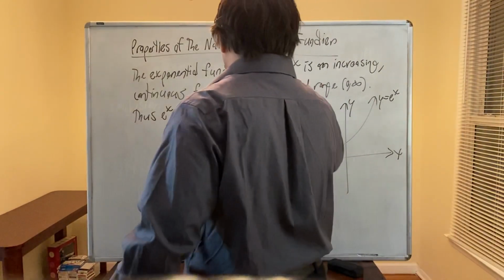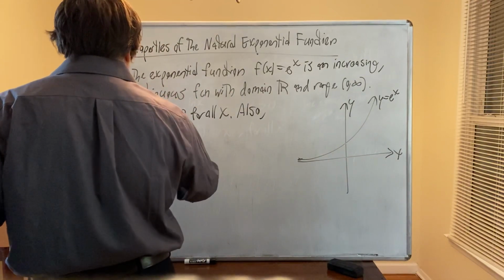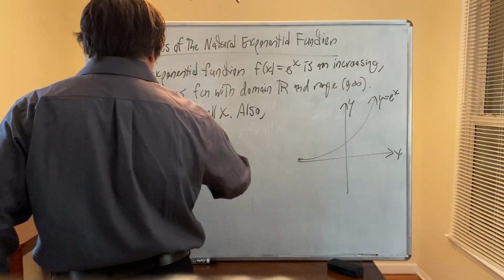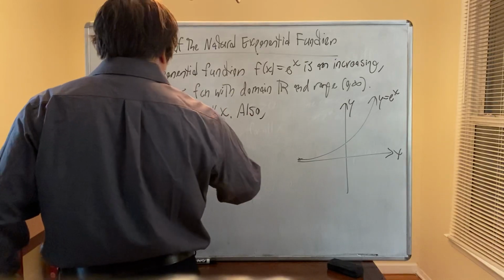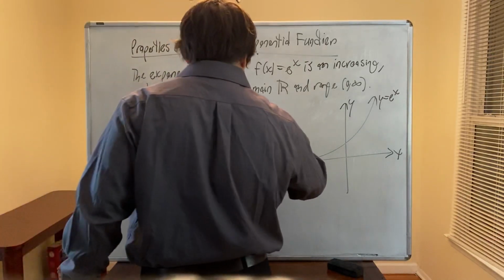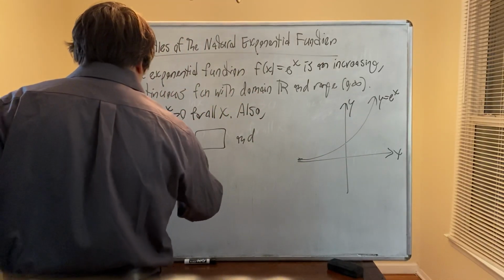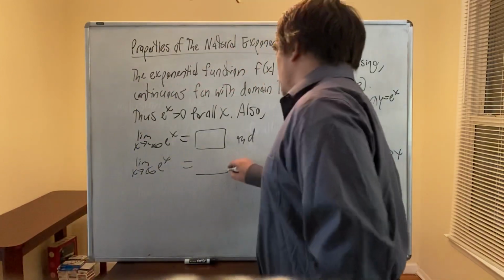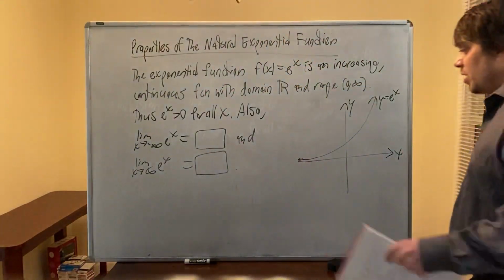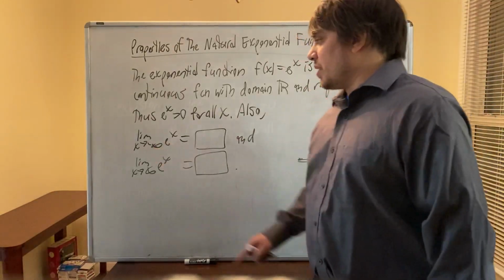Also, the limit as x approaches negative infinity of e to the x is equal to, I'm going to leave that blank, and I want you to fill that in, and the limit as x approaches infinity of e to the x is equal to blank. From this graph, what happens as x gets arbitrarily negative?